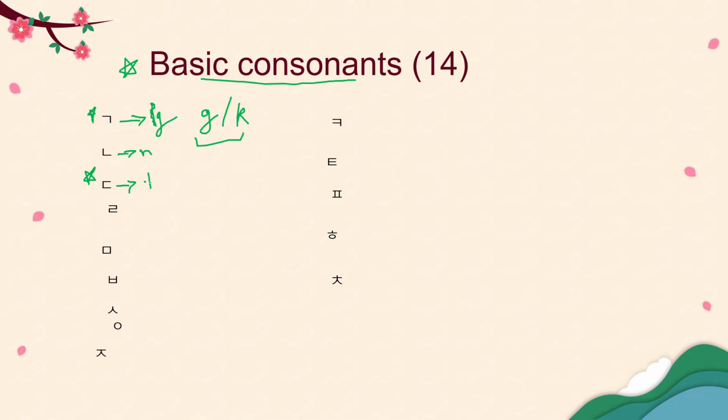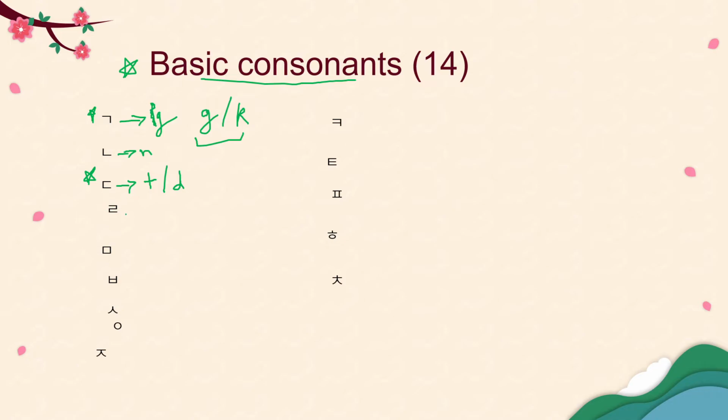This sound lies between D and T. It's not the D and the T. We have no sound like the English D in Korean. So here we are pronouncing again 70% D and 30% T.